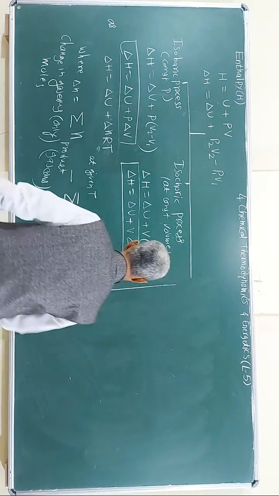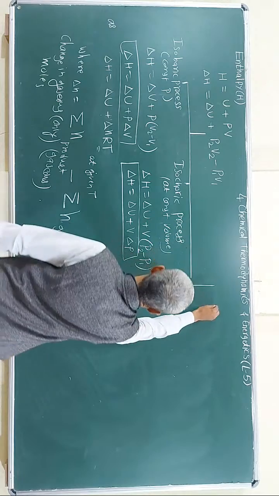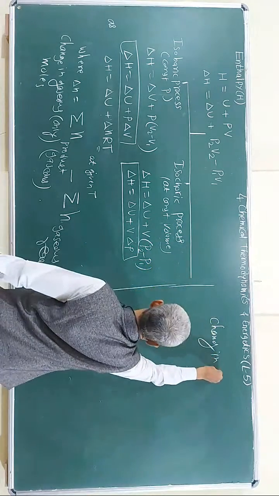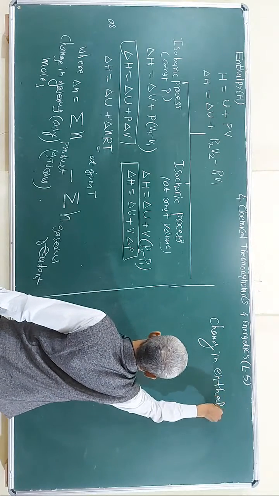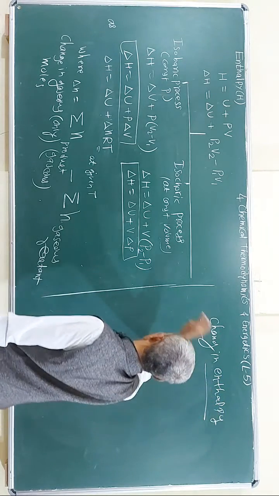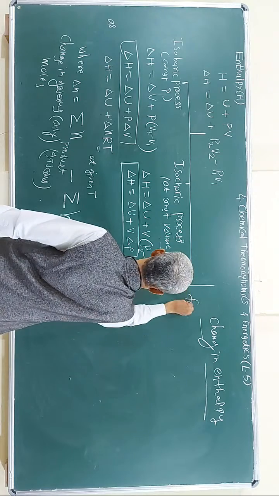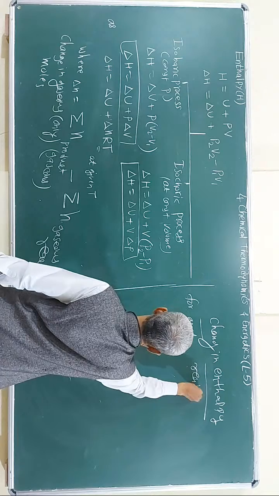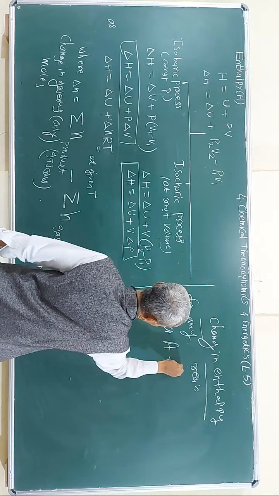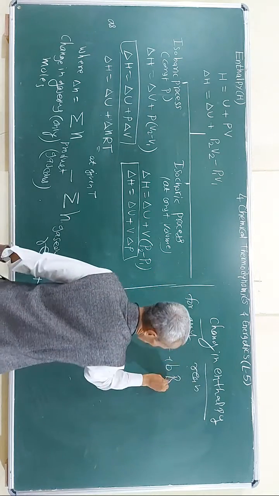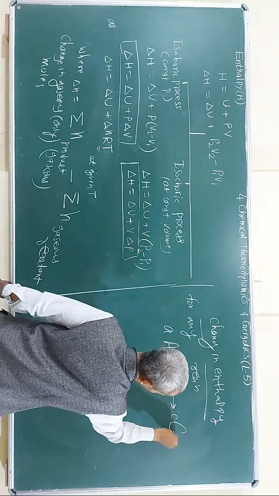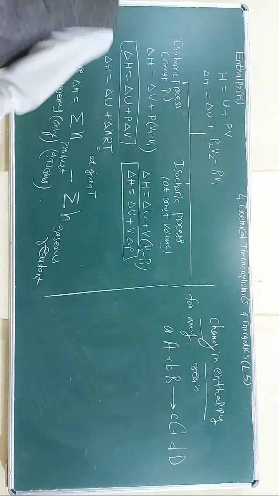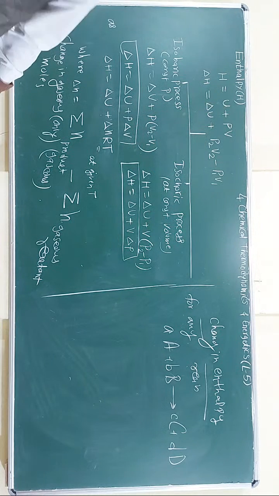Second, if we consider the change in enthalpy, already discussed here theoretically, if you consider any hypothetical reaction, say a moles of A plus b moles of B give c moles of C, then d moles of D. A, B, C, D are not real reactants and products practically.